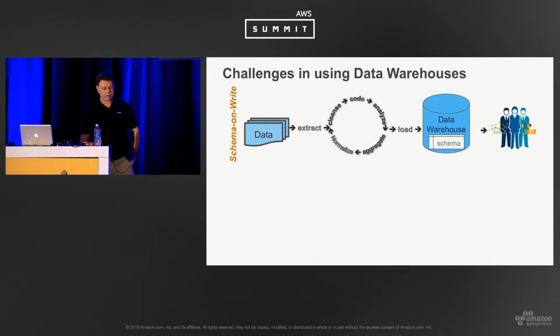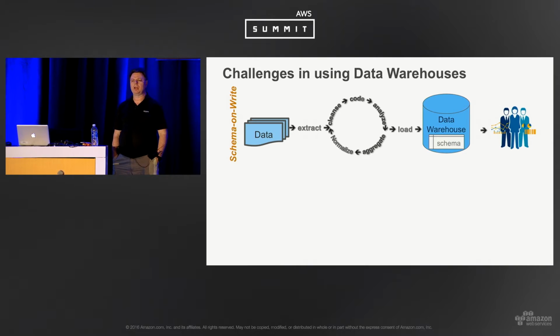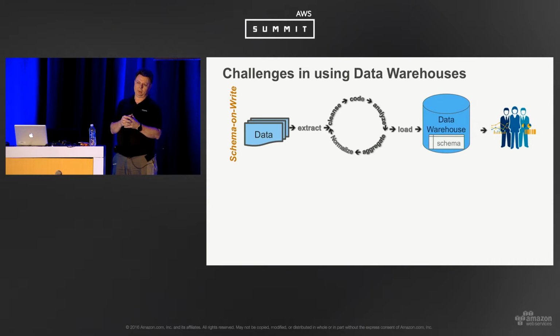So when querying data on a data warehouse, there's a number of challenges that you face. In particular, the whole premise behind data warehouses is that you're implementing a schema on write.